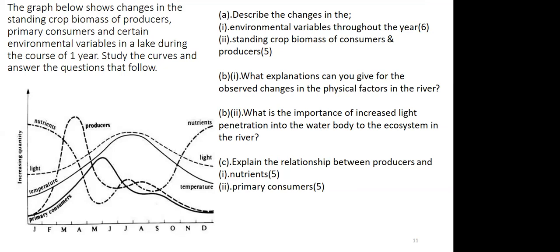Then from August to December, the standing crop biomass of producers decreases gradually.